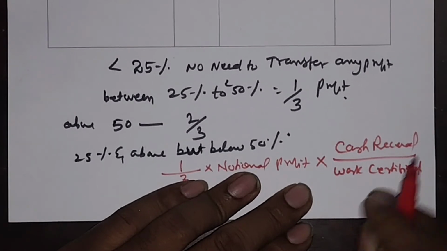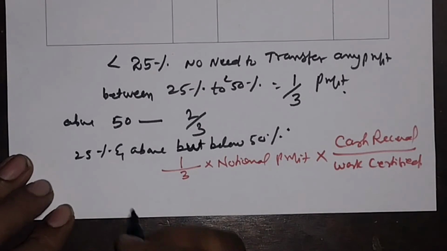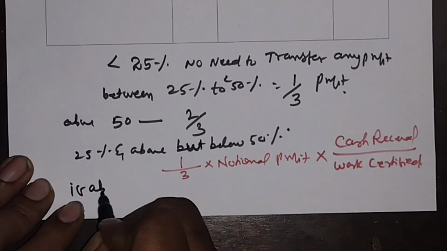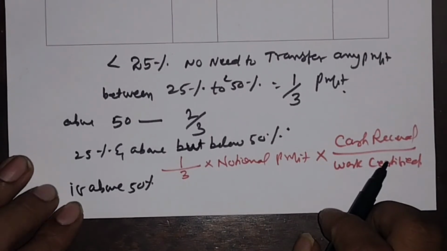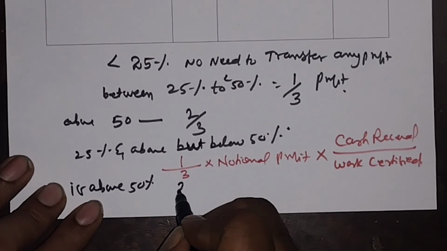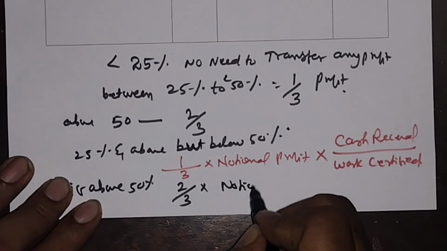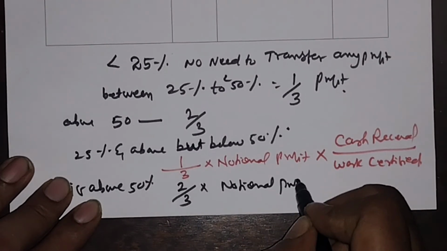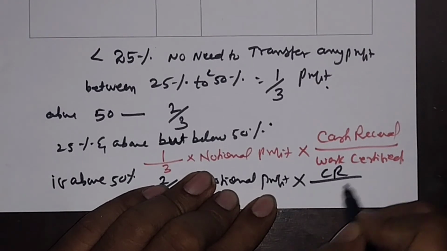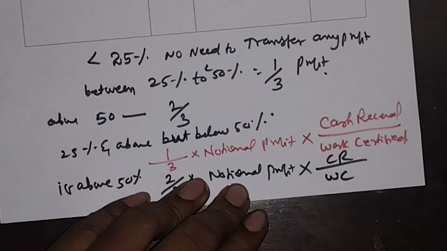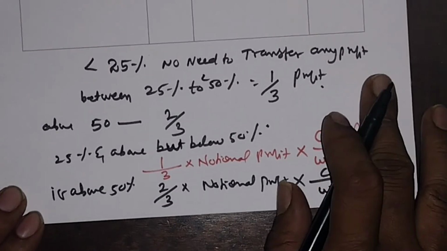In case the work is completed above 50%, the remaining things remain constant, and this one-third will become two-thirds of notional profit, in the same manner, into cash received divided by work certified. So whatever amount we get, that is the answer.